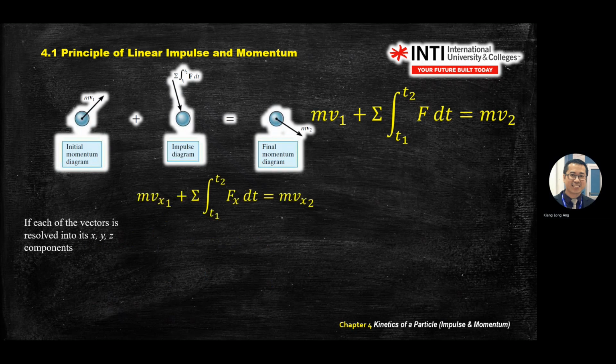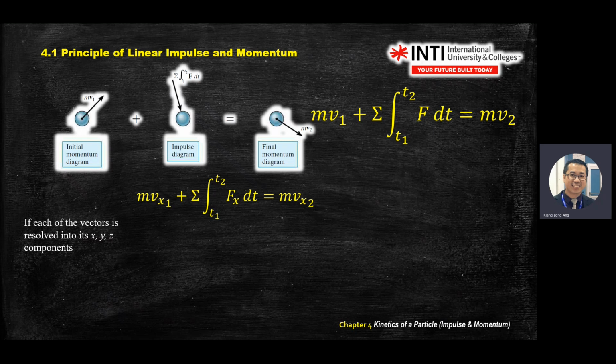If you break this diagram on the top of the screen into x direction, y direction, z direction, you can rewrite the linear impulse and momentum equation in the x direction. For example, mvx1 plus the x impulse, integral of Fx dt, equals mvx2.